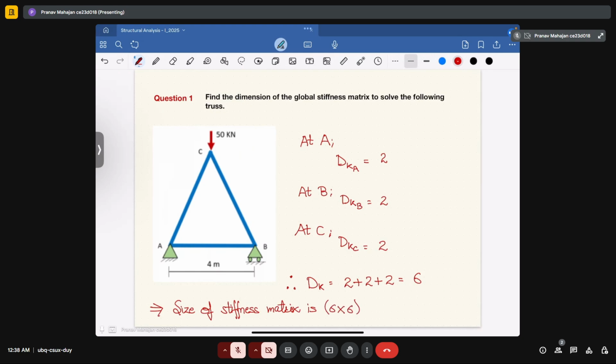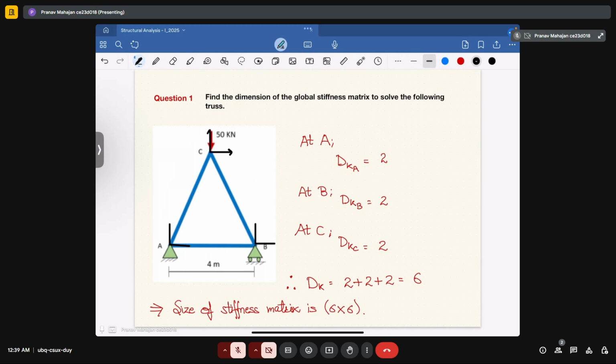So if I talk about how the degrees of freedom will be there in the structure, so let me mark in the diagram. So I am marking in the diagram. So these are the two degrees of freedom. Here also these are the two degrees of freedom. So here also these two are the degrees of freedom.